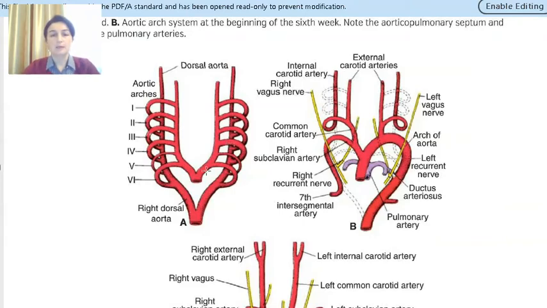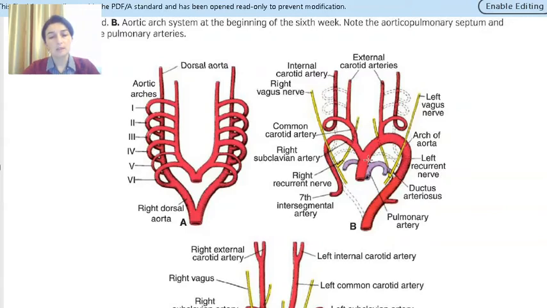Exactly speaking, the aortic sac will subdivide into two horns, the left and the right horns. They will have a not exactly symmetrical way of development.